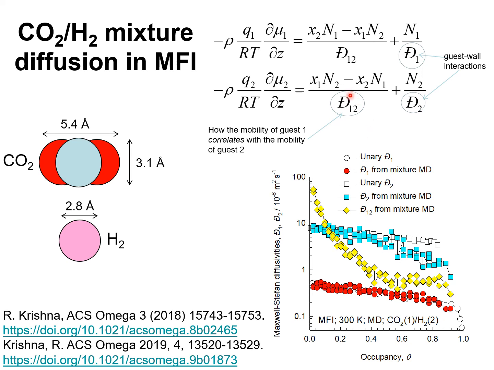So the slowing down effect has a greater influence on the mobility of hydrogen than on the mobility of CO2, which is component 1.